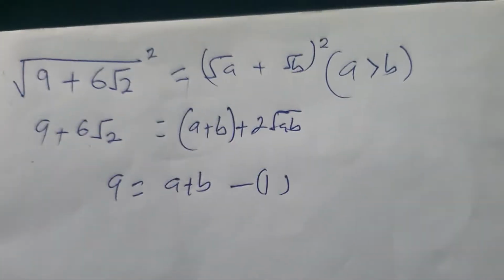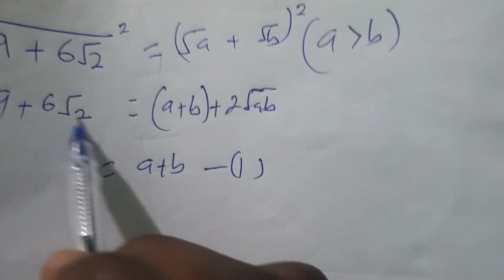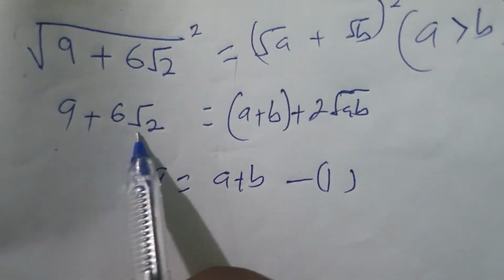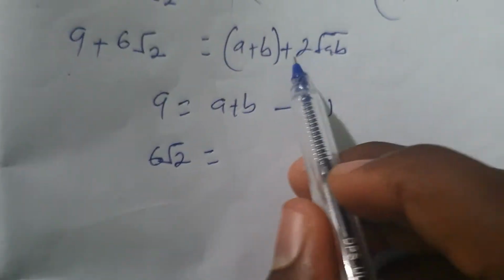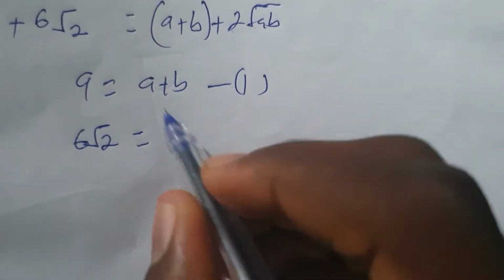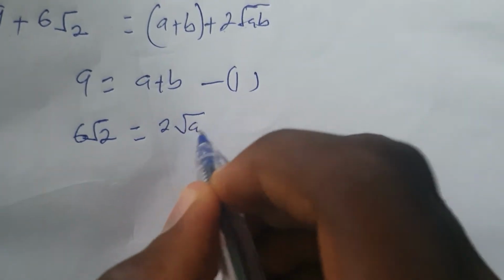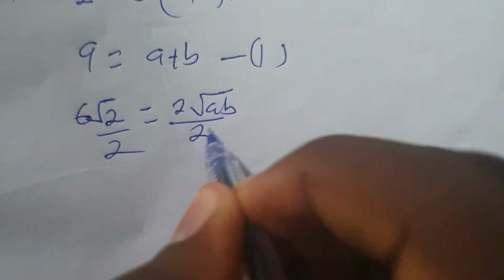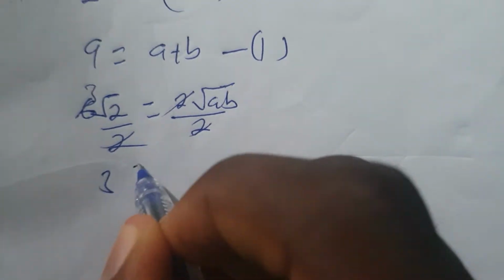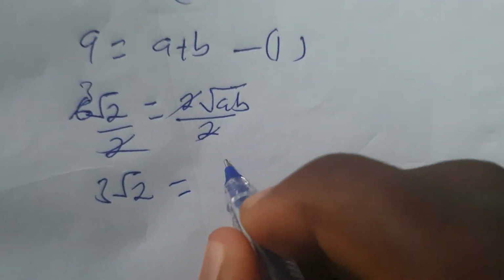Okay, moving on to the surd part. The surd part for the left hand side is 6 root 2, and that equals, definitely we only have 2 roots ab left, so 2 roots ab. We can simplify this. Divide through by 2, we get 3 root 2 equals root ab.